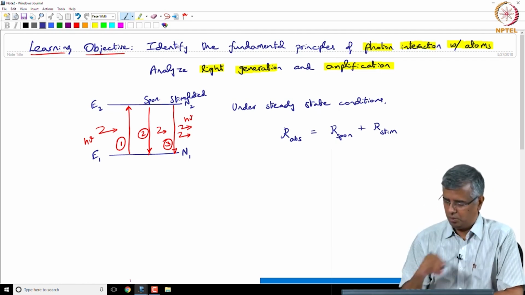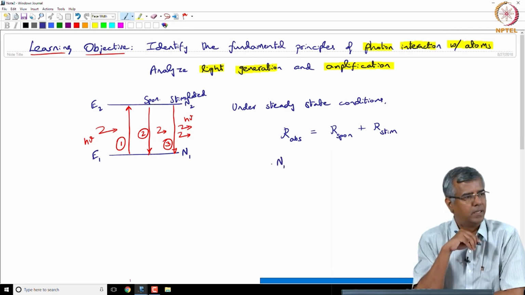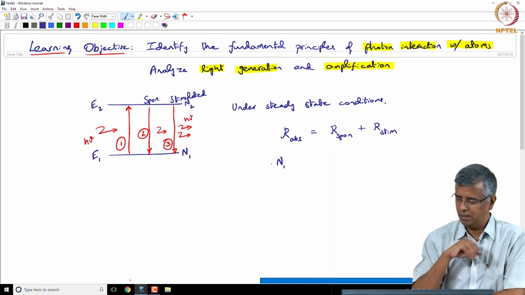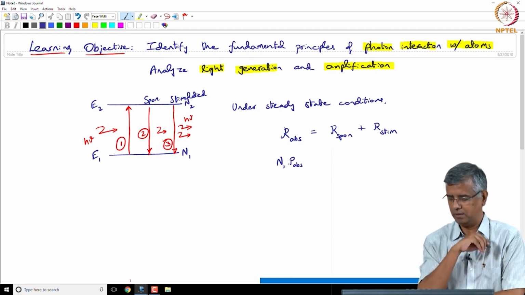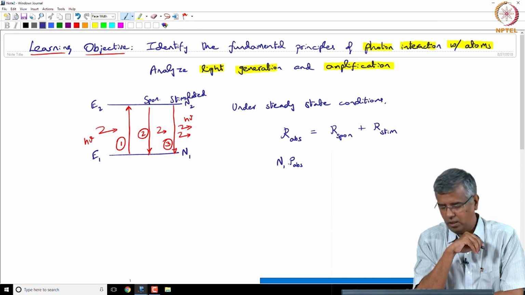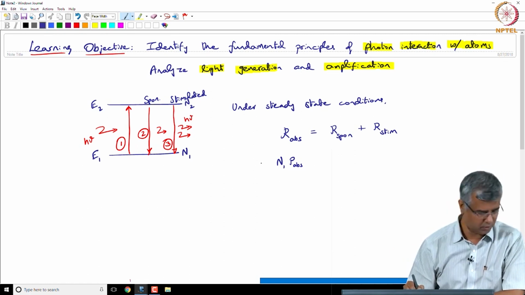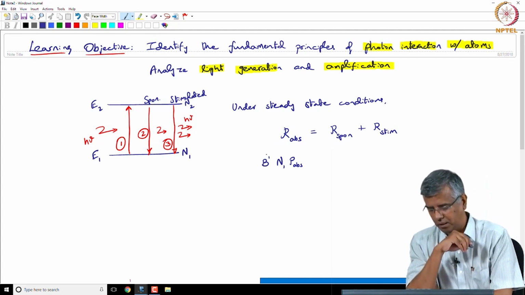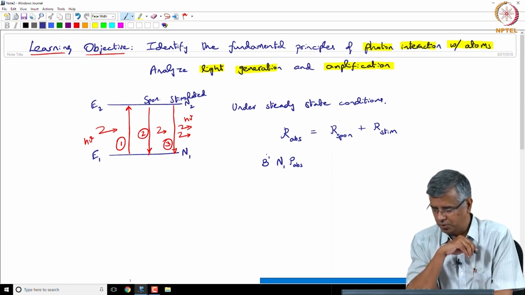Okay. So, we are saying that this has got to depend on the number density of atoms in that lower energy level multiplied by some probability density, let us just call that P absorption, that is the probability density, and there may be some constant associated with this. Let us call that constant B prime. We will define what this constant means in a few minutes.